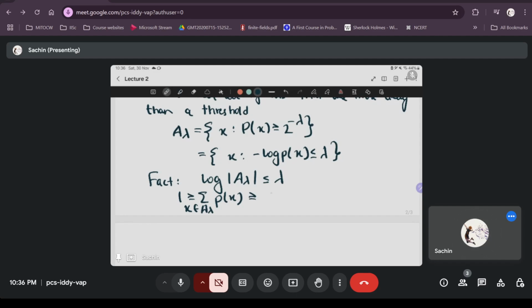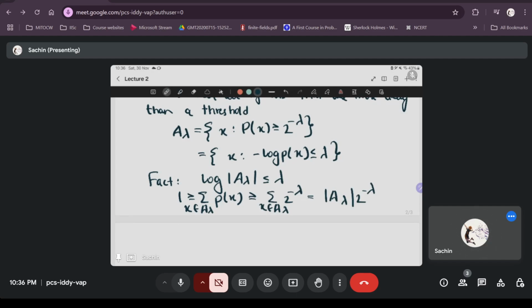So this is greater or equal to 2 power minus lambda summed over x belonging to A lambda, which is nothing but cardinality of A lambda times 2 power minus lambda. So from this, the cardinality of A lambda is less than or equal to 2 power lambda, and you take the log on both sides, you'll get log of the cardinality of A lambda is less than or equal to lambda.